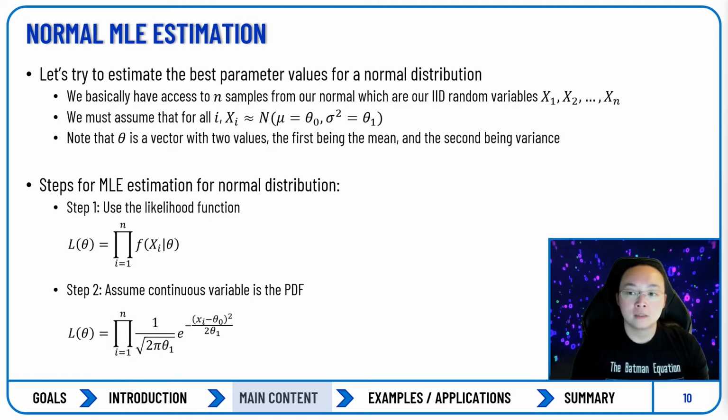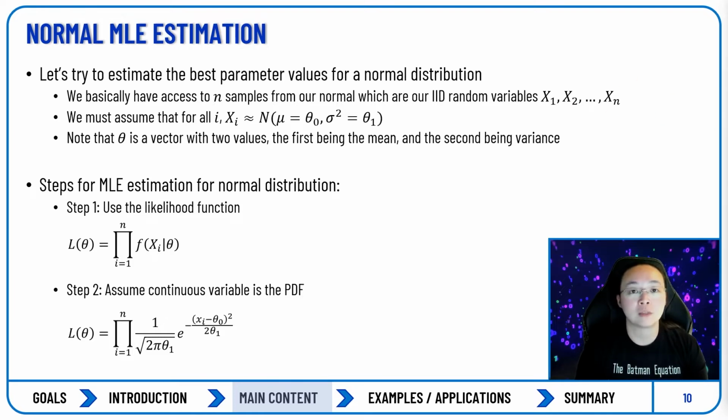Okay, so let's try to estimate the best parameter values for a normal distribution. We basically have access to n samples from our normal, which are our IID random variables. So we have the values x1, x2, x3, x4, and so on until xn for n number of samples.